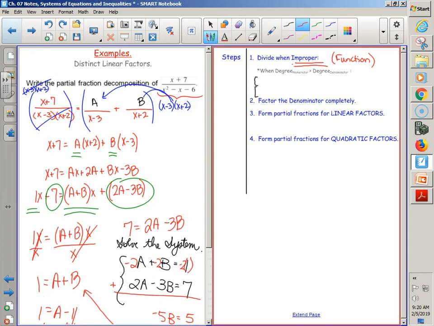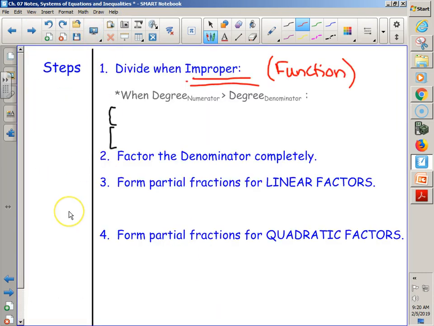I want to show it with the example, but this first step wasn't in this example. Divide when improper. An improper rational function, because it can't be improper if there's not a fraction, has a numerator degree that's higher.